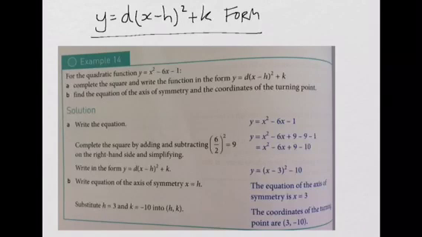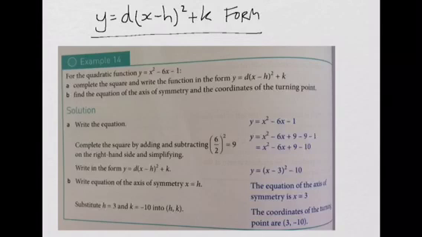Okay, so in this video we're just going to look at example 14 from the text. This is basically taking a quadratic equation and converting it to the form y equals d bracket x minus h all squared plus k, or the translation form, I guess you could call it, from what we were looking at before.